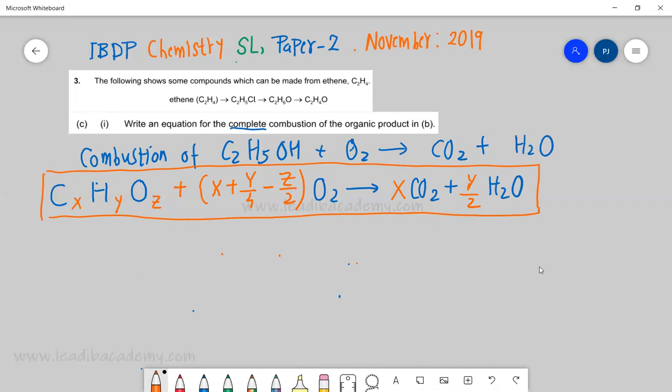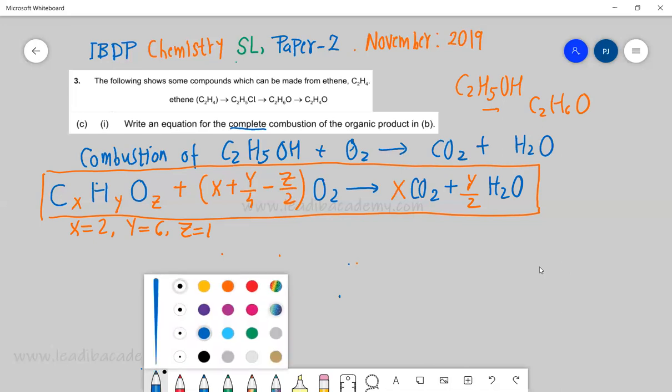So for our given example, C2H5OH can obviously be written as C2H6O. Now tell me, what is X? In this case, X is equal to 2, Y is equal to 6, and Z is equal to 1. So let's substitute directly and try to get the equation.